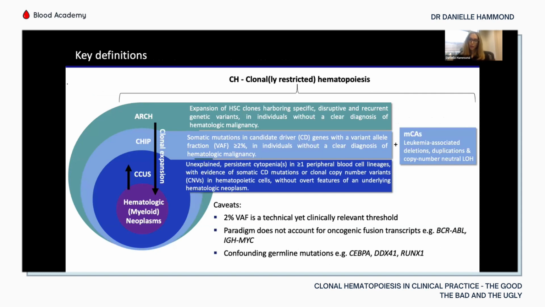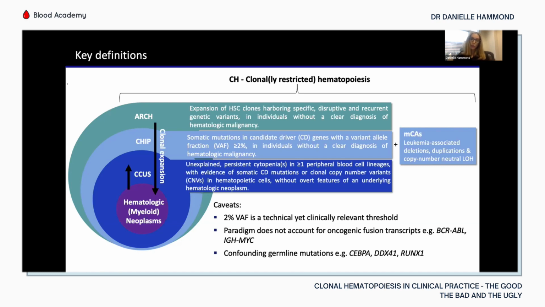The next broadest term is age-related clonal hematopoiesis, or ARCH. And this refers to a form of clonally restricted hematopoiesis in which the genetic markers are recognized as being recurrently mutated or involved in hematologic malignancies. But again, this is occurring in an asymptomatic population, so no formal definition of a concurrent hematologic malignancy.